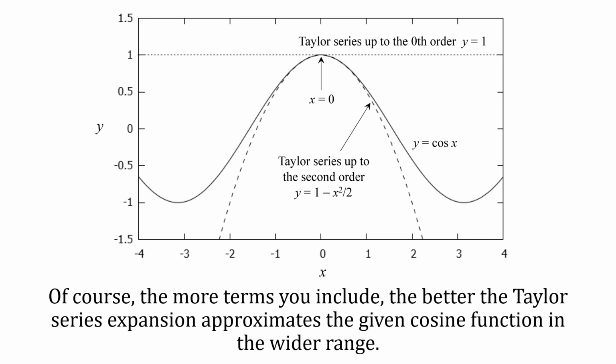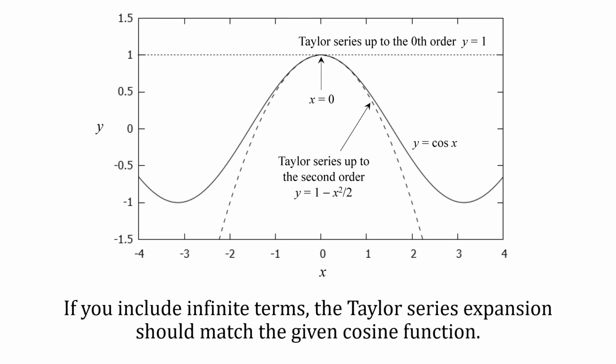Of course, the more terms you include, the better the Taylor series expansion approximates the given cosine function in the wider range. If you include infinite terms, the Taylor series expansion should match the given cosine function.